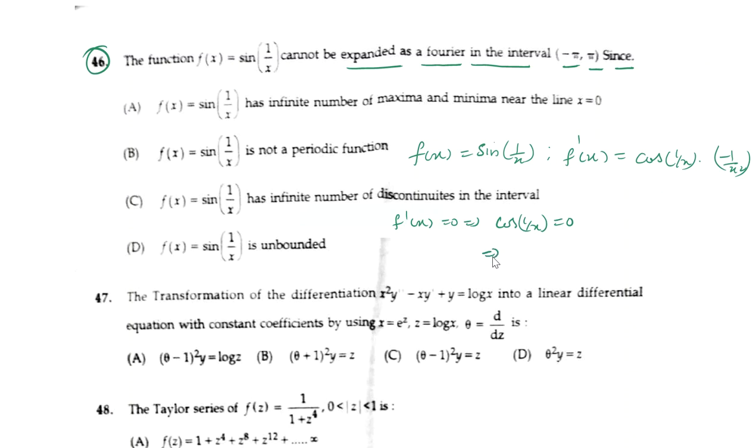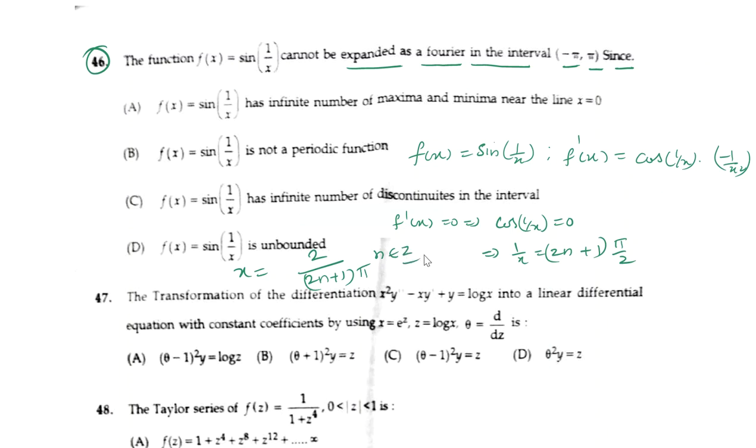So we can find the value of 1 by x as 1 by x is equal to 2n plus 1 into pi by 2. From this we get x is equal to 2 by (2n plus 1) into pi, where n belongs to Z.